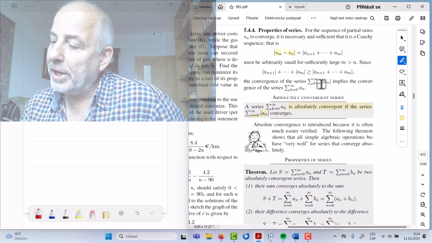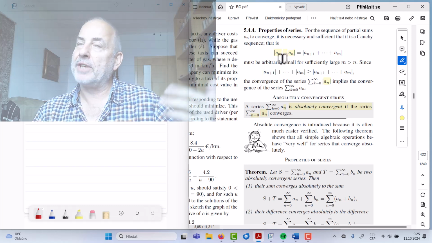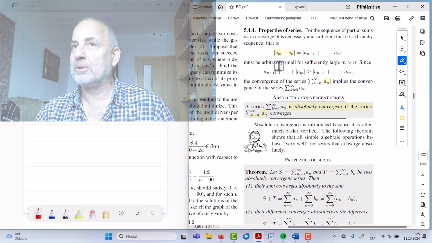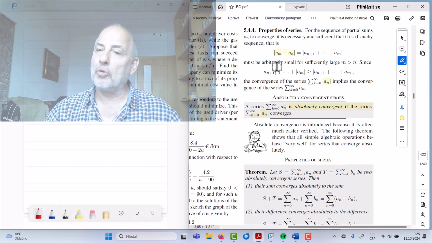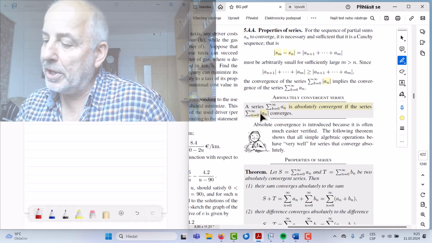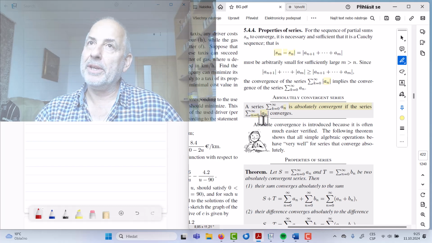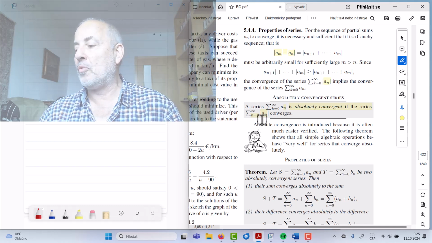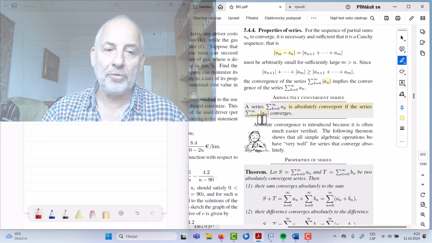And therefore, if this should converge, it is the same requirement as having a Cauchy sequence, right? The partial sums must form a Cauchy sequence, because we are in real numbers or complex numbers, and therefore every Cauchy sequence will converge. And you see that if the partial sums for the absolute values form a Cauchy sequence, it will imply that the original one was as well. And therefore we know that the absolutely convergent series always converge.